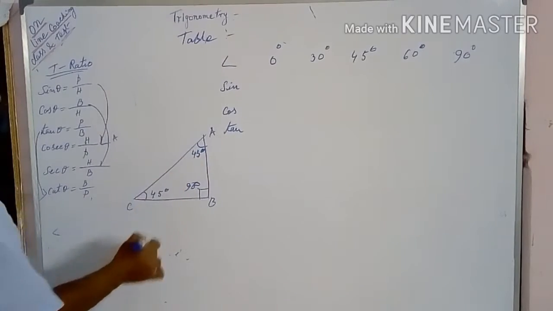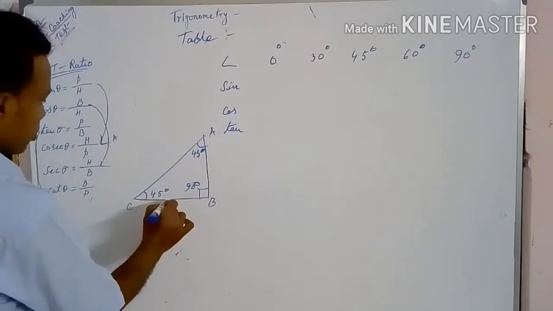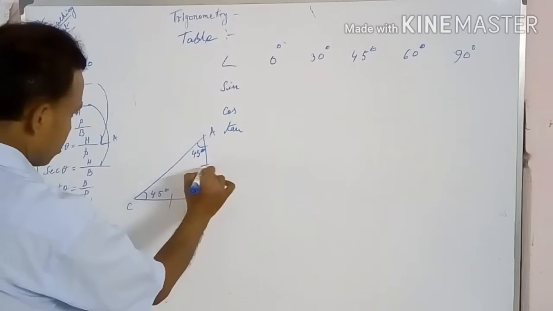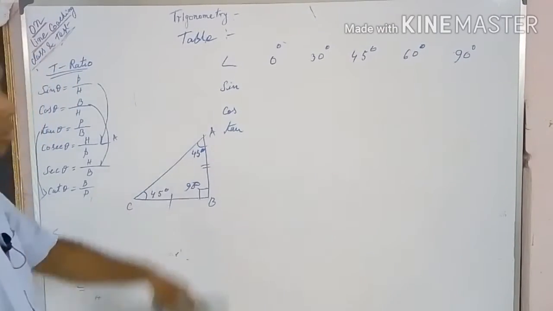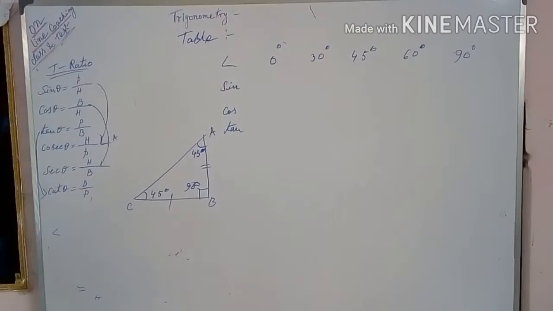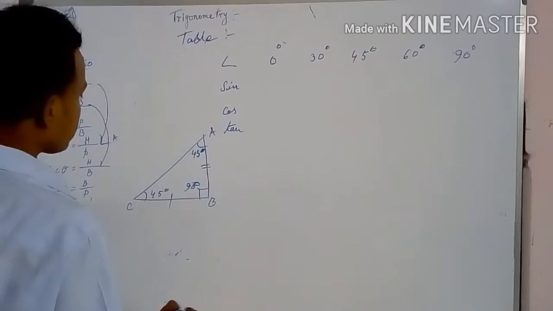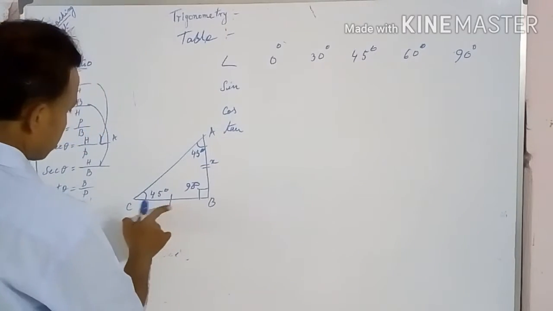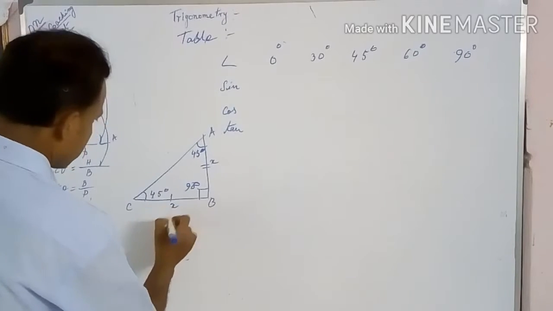So this is an isosceles triangle, which means CB is equal to AB. Two sides will be equal. Now suppose AB is equal to x, CB is equal to x.